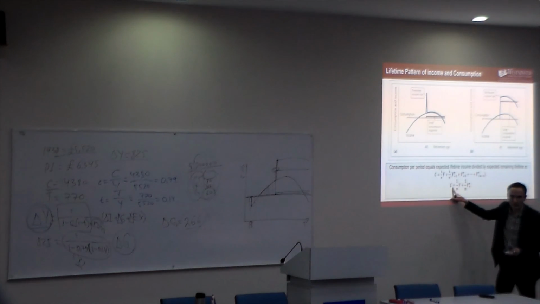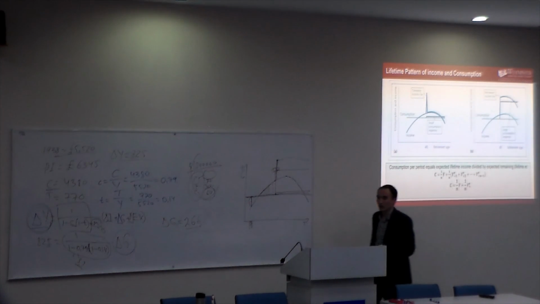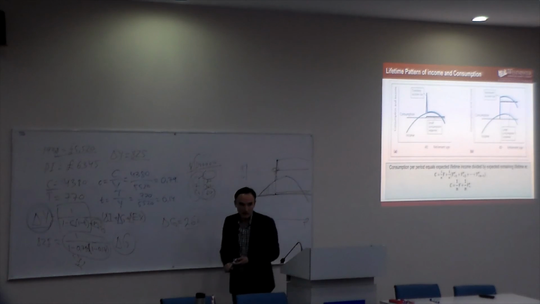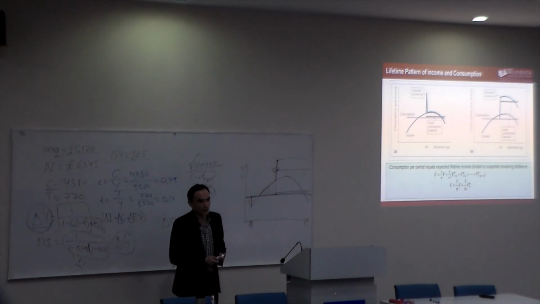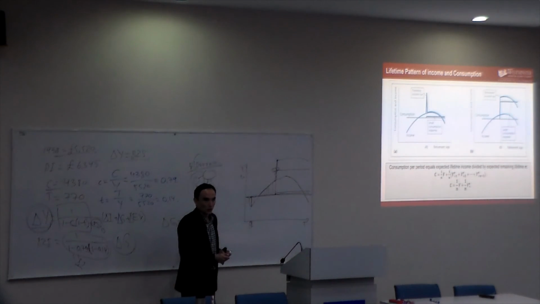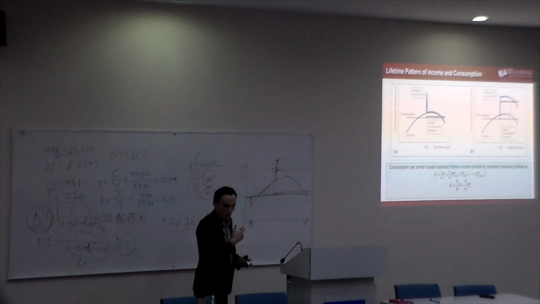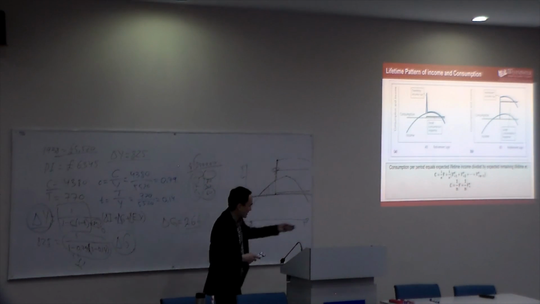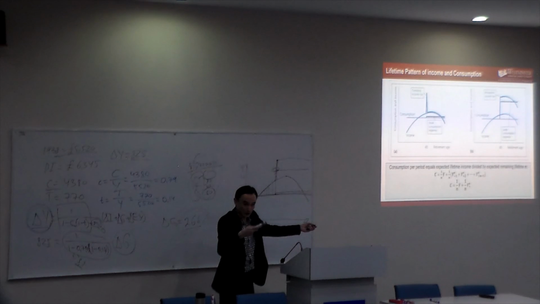For example, you are students of this university, right? There is a very high likelihood you will get a good job. So now you are consuming, maybe you will be getting some loans, because you believe you are going to earn more. You will be consuming more than normal.